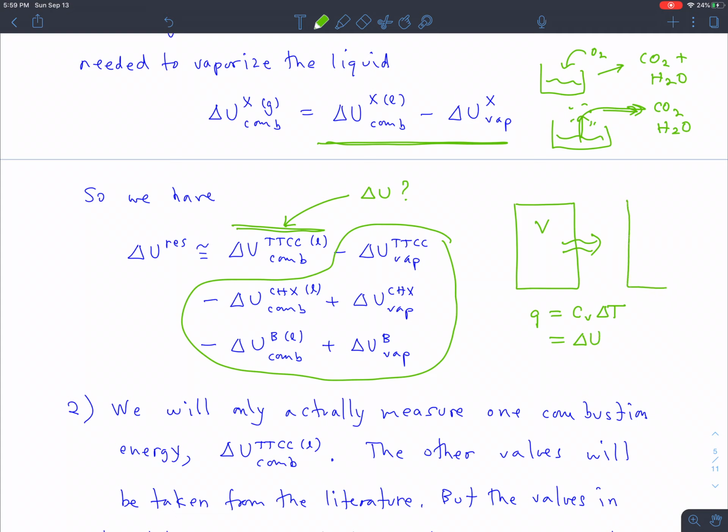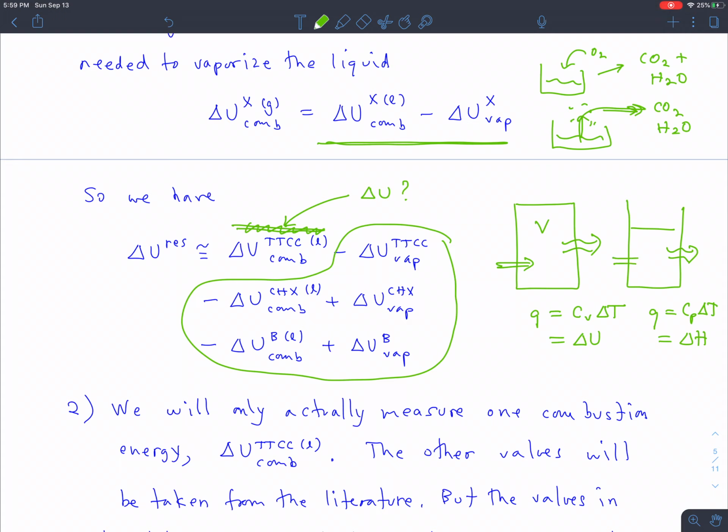If it were a constant pressure process, if we did this in a coffee cup calorimeter or something, the heat exchange would be the Cp times delta T, and that's the delta H value. So the reason why we really do get this delta U value is because we're using this constant volume big hunk of steel that keeps the volume constant, even though we're lighting things off in there. So it can resist the pressure. That's why it's steel.